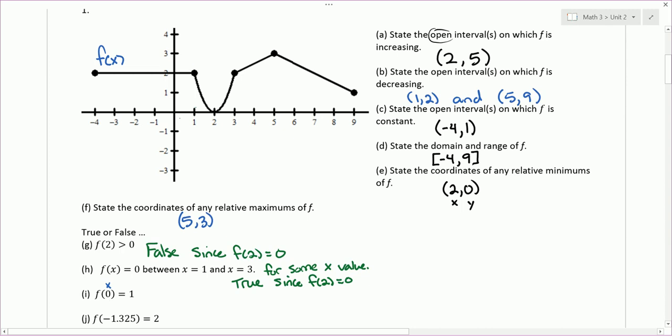So here's 0 on the x-axis, and we're highlighting it. That point is at (0, 2). So we can say f of 0 equals 2. They're saying f of 0 equals 1, and so we say false, since f of 0 is 2.